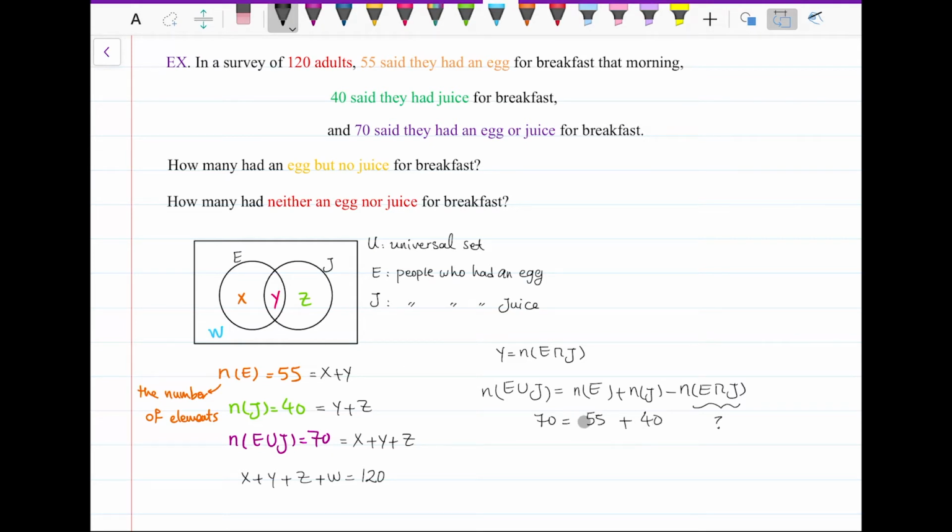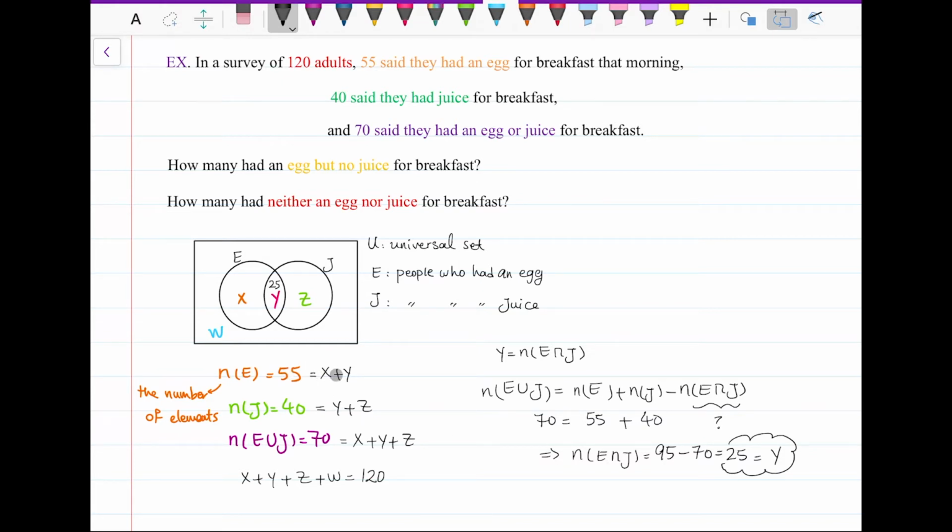So this is 95 in here, 70 in here, and so the number of elements in E intersection with J is equal to 95 minus 70, which is equal to 25. So I have 25 elements in here. So y is equal to 25.